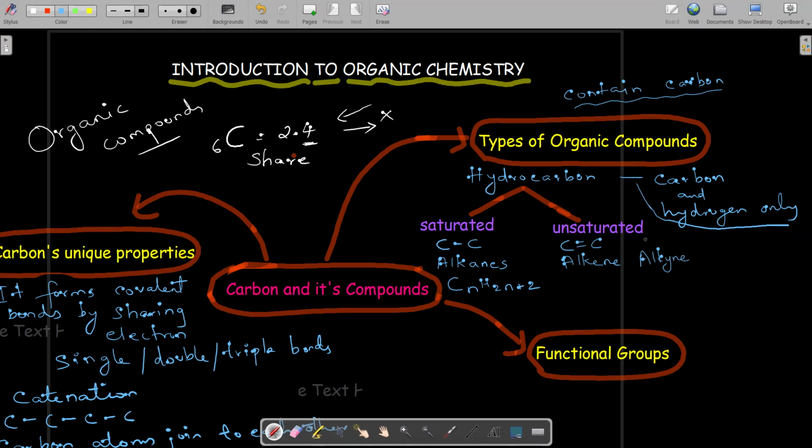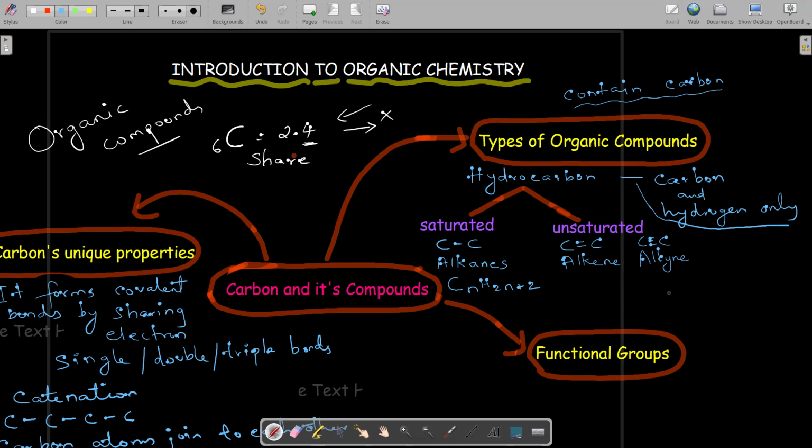You should know that alkynes are a family of unsaturated hydrocarbons which have a carbon-carbon triple bond. This is all you need to know about it in your IGCSE.